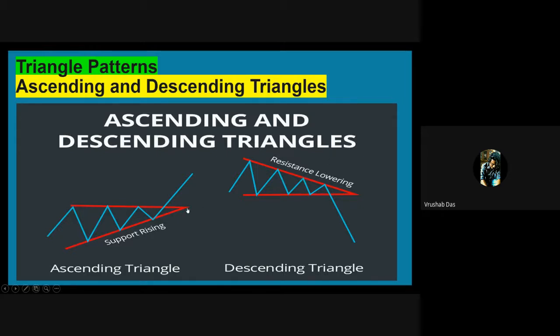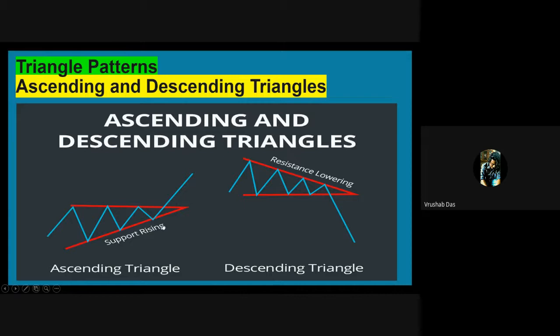Ascending triangles have a rising lower trend line, as a result of accumulation, and are always considered to be a bullish signal. If this kind of lows are showing in the stock, then the stock price movement will be increasing, and the support should be rising in this case. They form after an uptrend or a downtrend.